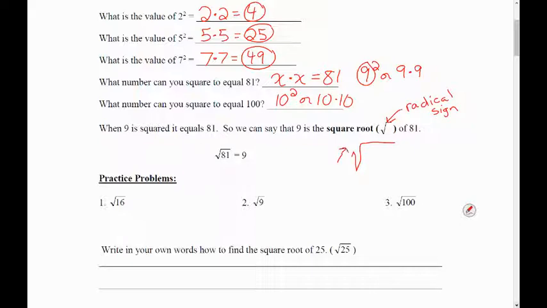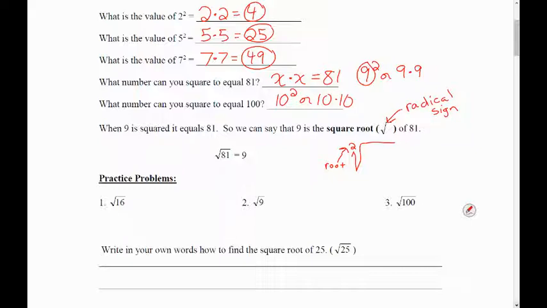Technically, there's a little 2 that's hidden. And we talk about hidden numbers a lot in math, and that's just another one that we have here, okay? So this is a radical symbol, and it has a root of 2, okay? So the square root of 81 is 9.